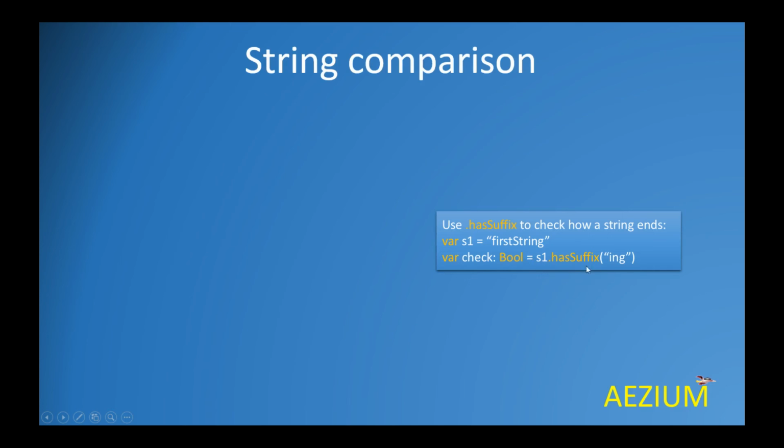Now we use this arrangement s1.hasSuffix, and inside the parentheses the argument is ing, which is a string on its own. So by this we are asking whether s1 ends with the characters ing. If the answer is yes, if it is true, a true is returned and assigned to check, otherwise false will be returned.